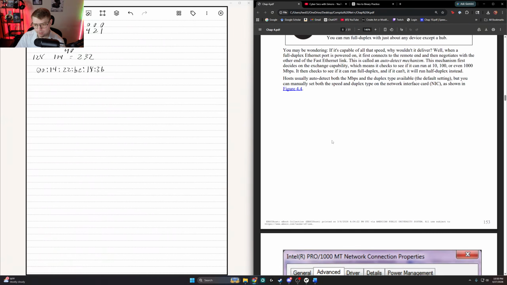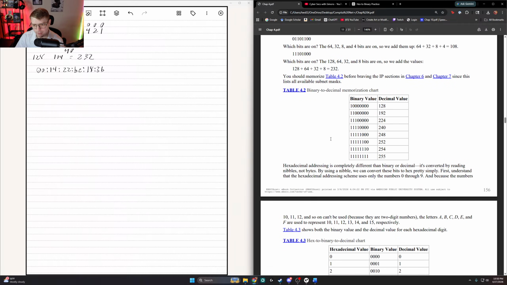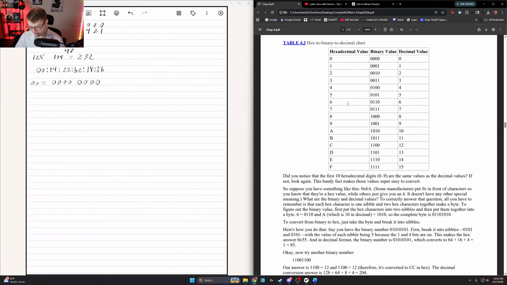Let's go back down to our table and convert it out to binary. It's going to be a long number. Okay, we have 0 and 0. So 0, 0, 0, 0 is the first nibble. The second nibble is 0, 0, 0, 0. That one was pretty easy. Then we have 1, which would be 0, 0, 0, 1.